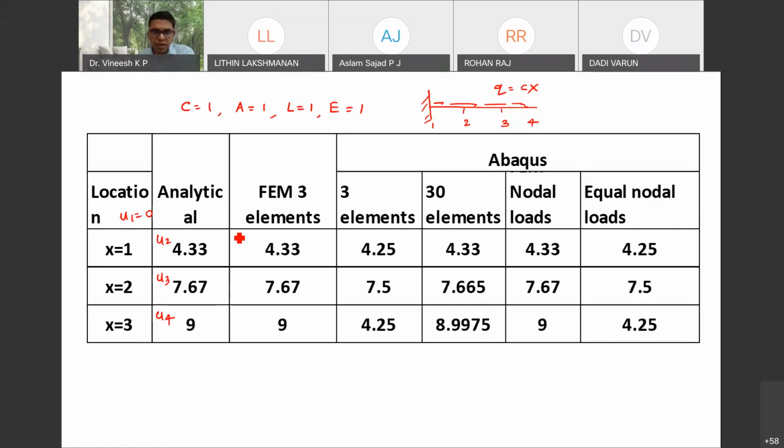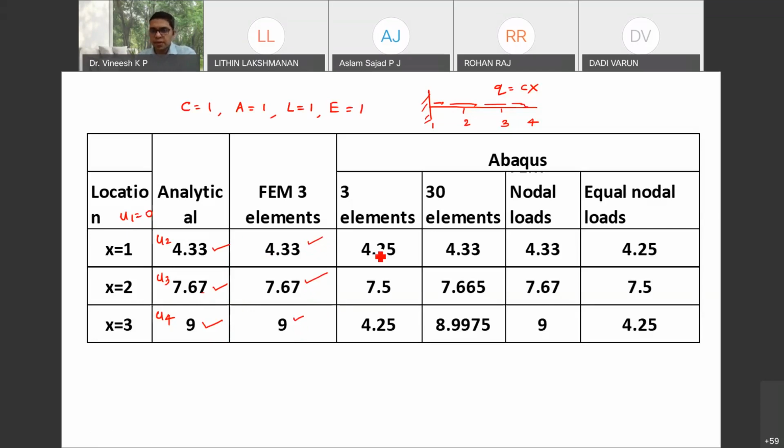From the analytical expression, the displacement at node 2 is 4.33, at node 3 is 7.67, and at node 4 is 9. This is the result from your FEM formulation: 4.33 on node 2, 7.67 on node 3, and 9 on node 4.